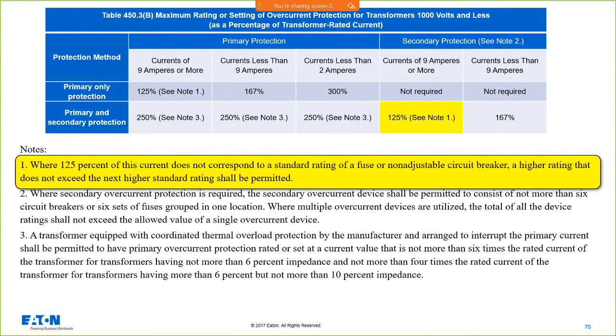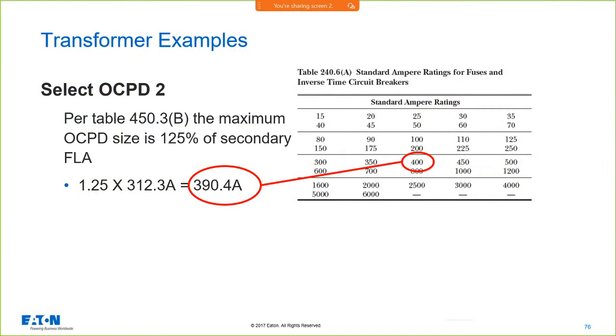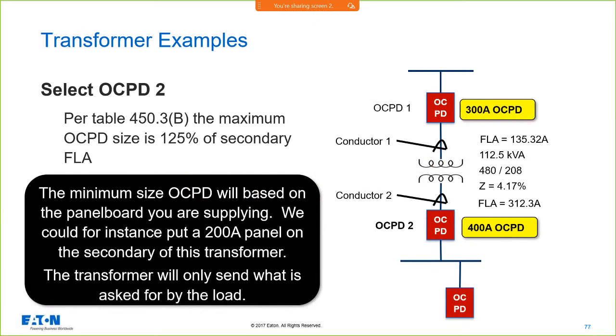I'm allowed 125%, and it references me to note 1, which tells me I can go to the next higher. So if I do the math, I'm at 390 amps with 1.25. I'm going to be able to bump that up to 400. So I could technically supply a 400 amp panel with that secondary overcurrent protective device with this transformer, 112.5.